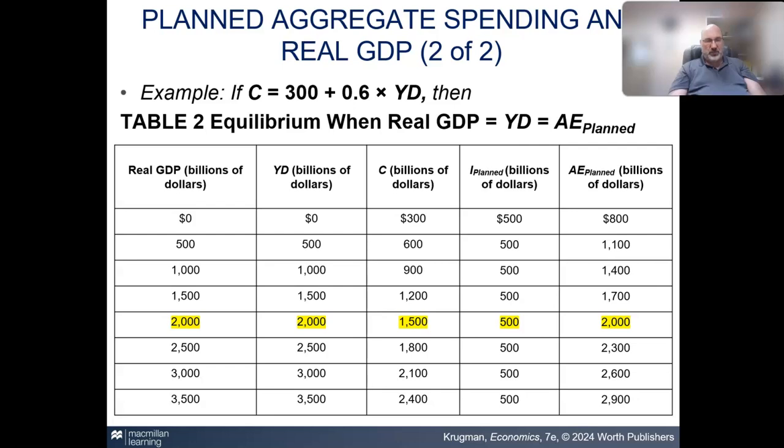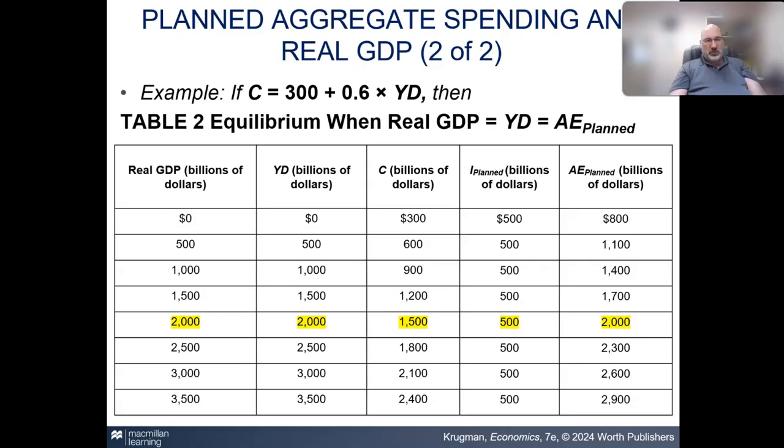That's how much stuff we made. Aggregate expenditures, how much we spent. So real GDP is output, AE is spending.